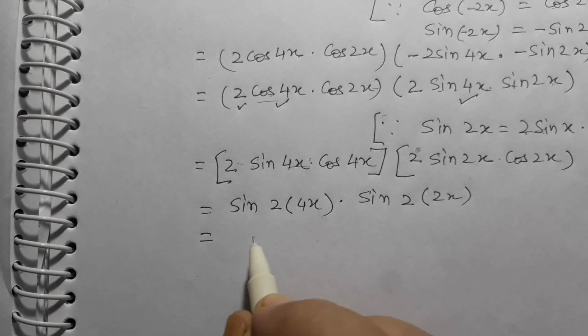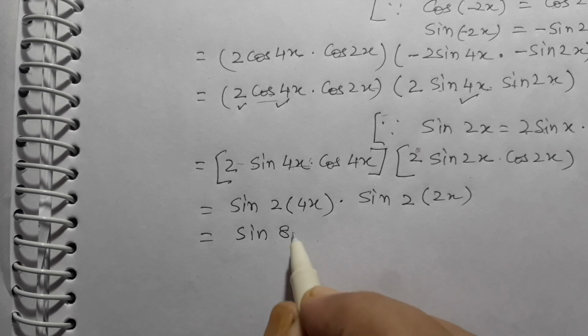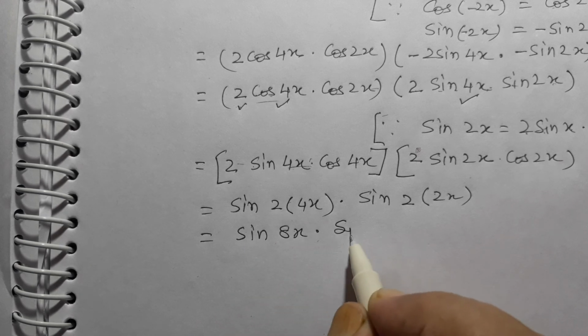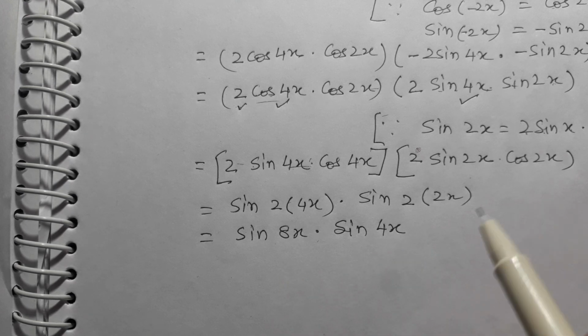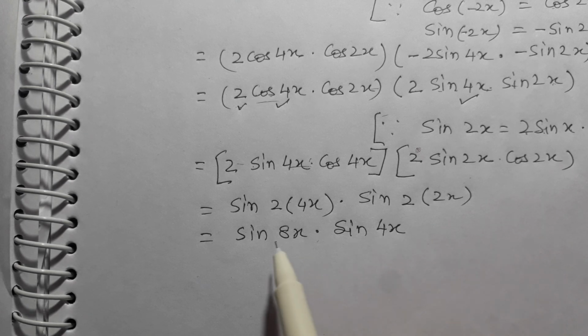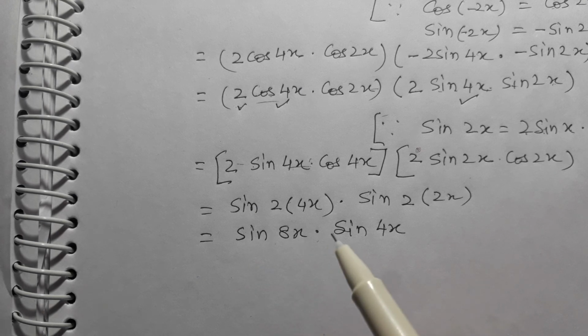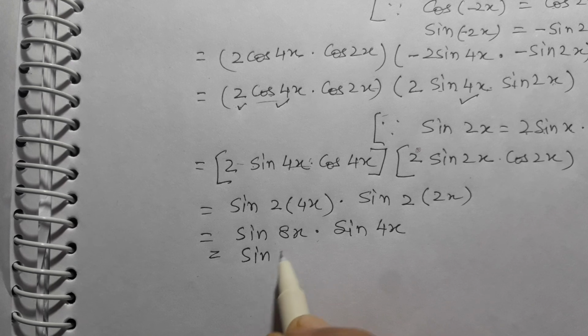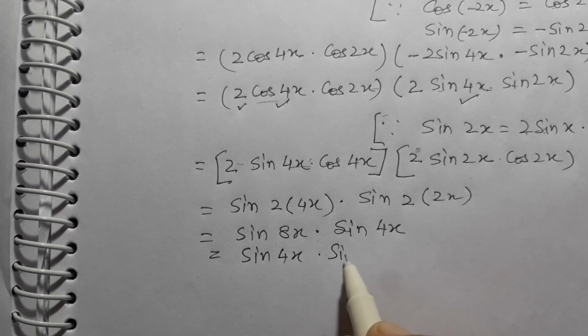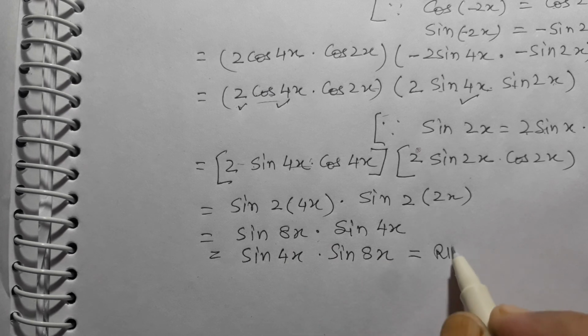So here it will be sin 8x into sin 4x, but in the question the RHS is given as sin 4x into sin 8x. That is the same, we can write it also like that, because the values of these two lines will be equal, and this is the RHS.